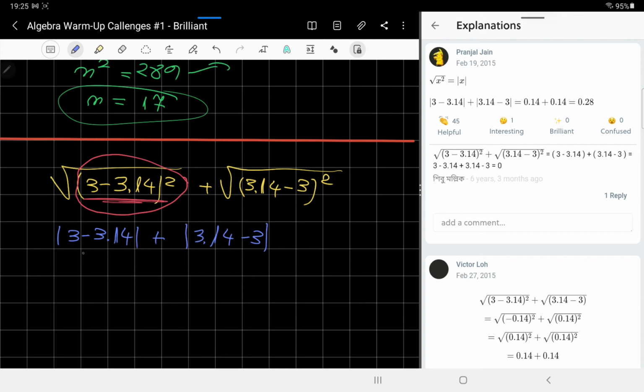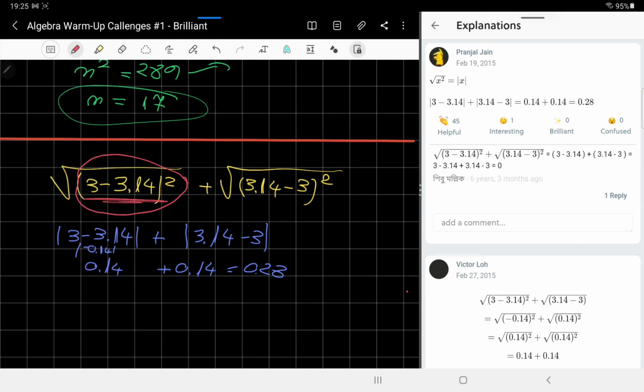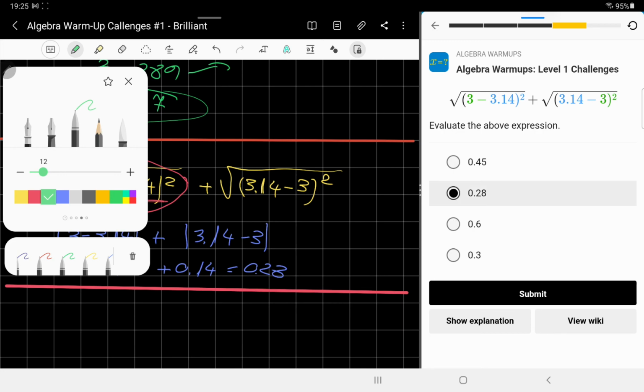So this evaluates to 0.14 because inside it would be minus 0.14, but in modulus minus 0.14 is 0.14, plus 0.14, and it would be 0.28. Alrighty. So it's 0.28.